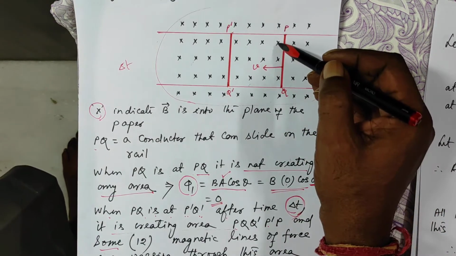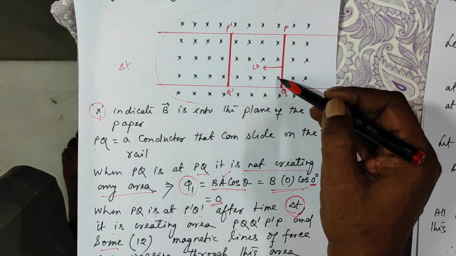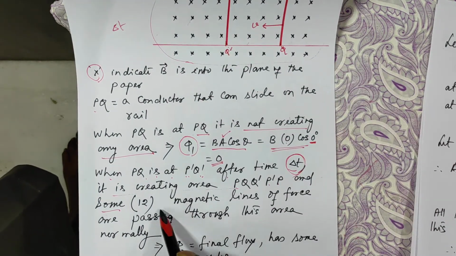In this case, 12 magnetic lines of force are passing through this area normally.